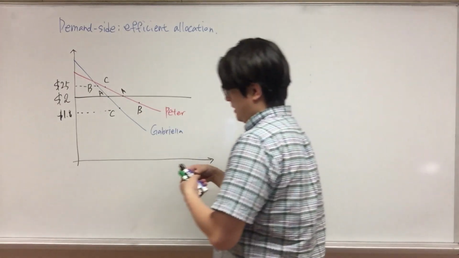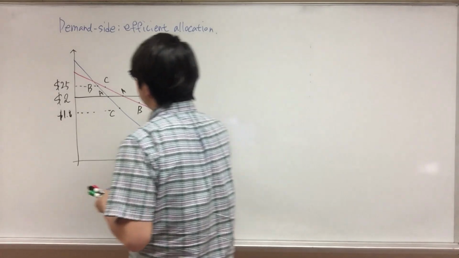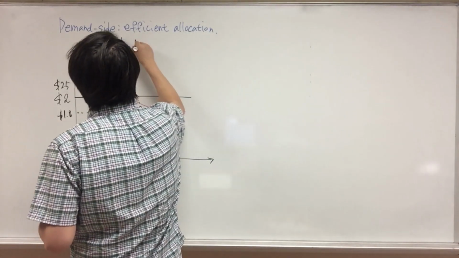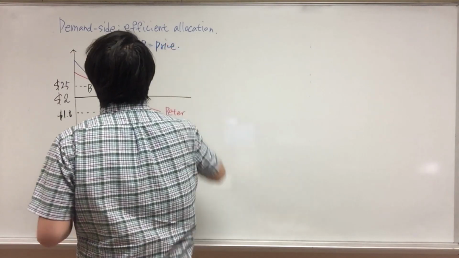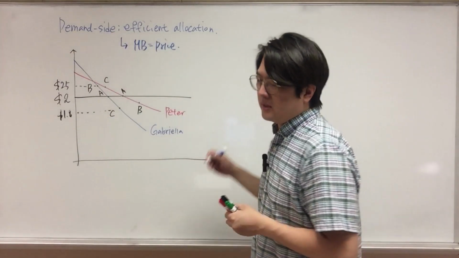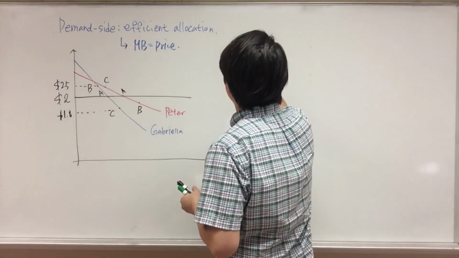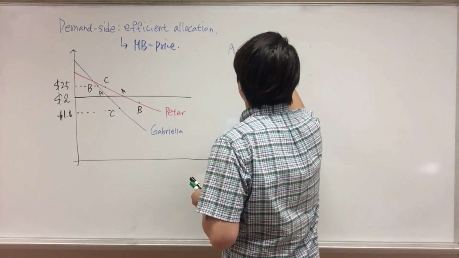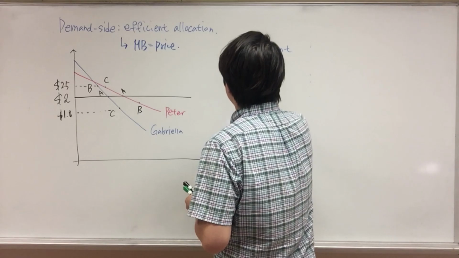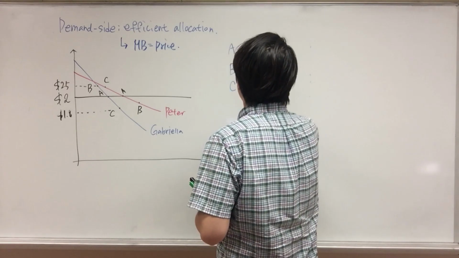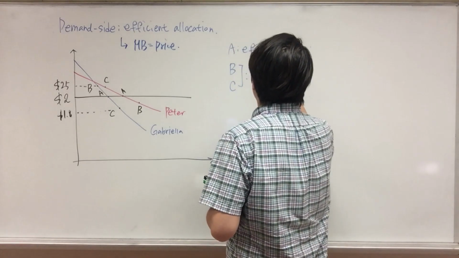So for efficient allocation, marginal benefits equal the price. So we can realize that A is the efficient point, but B and C would be inefficient.